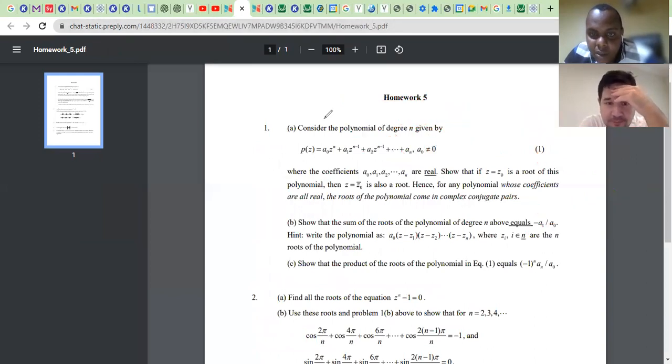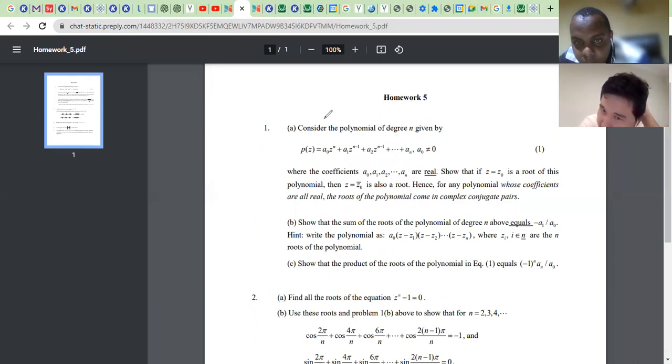Show that the sum of the roots of a polynomial of degree n above equals negative A1 over A0.